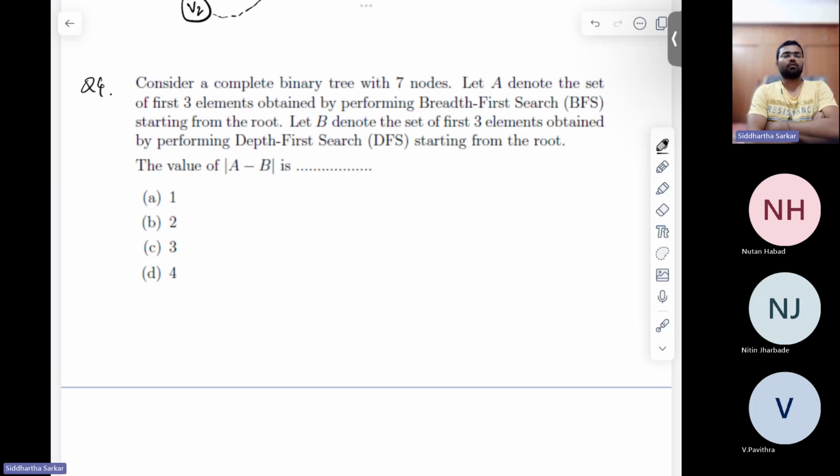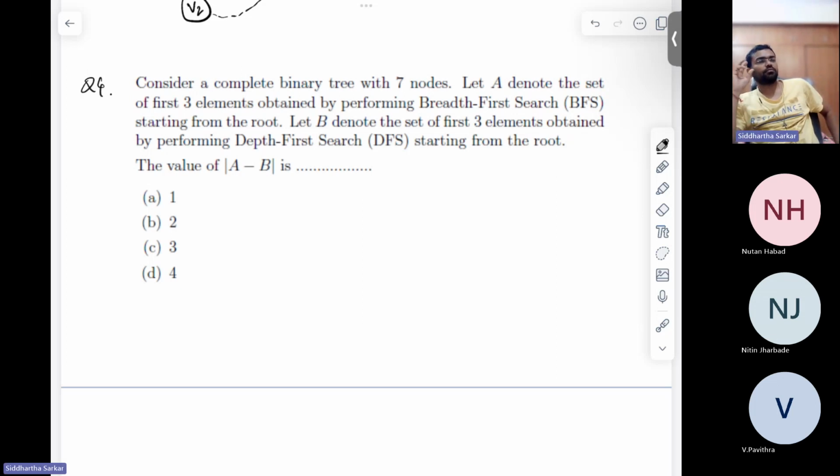So you have a complete binary tree and you are doing this breadth first search and you found 3 nodes. The first 3 nodes is what they investigate. And these first 3 elements that we obtain by BFS on this tree, we denote them by the set A. And the set B is what?